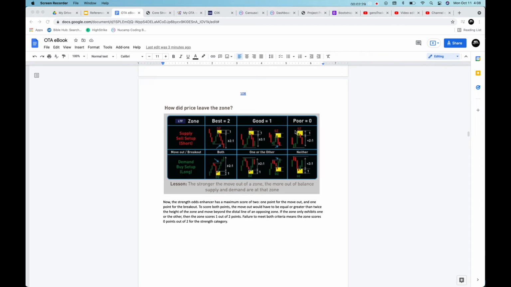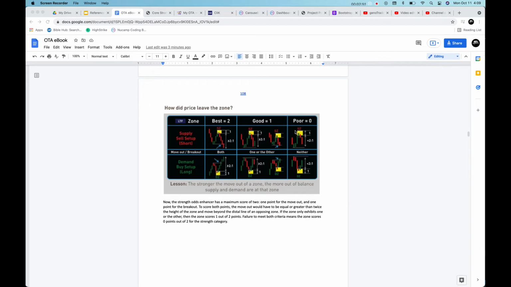Now, the strength odds enhancer has a maximum score of 2, 1 point for the move out and 1 point for the breakout. To score both points, the move out would have to be equal or greater than twice the height of the zone and move beyond the distal line of an opposing zone.